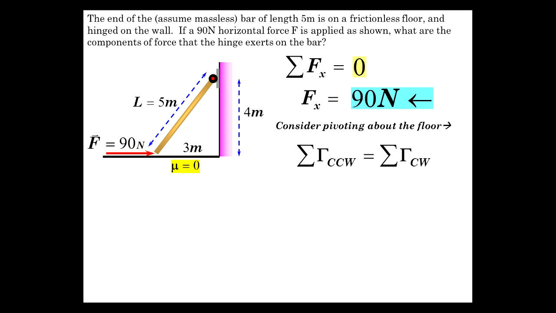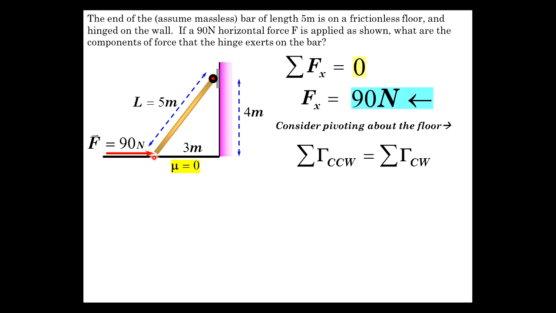In the counterclockwise direction, what do we have? If we pivot about this point, then counterclockwise is this way, right? That means the force here is acting around in the counterclockwise direction. So basically we have a force outward like this, across what?